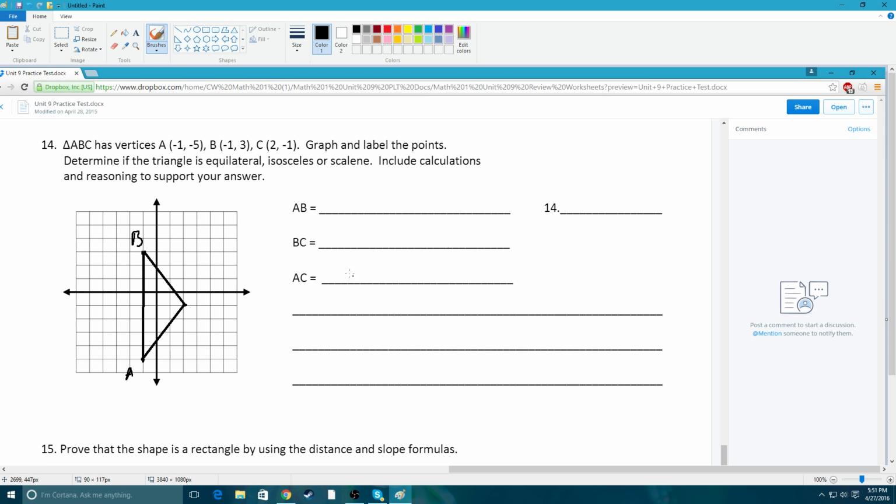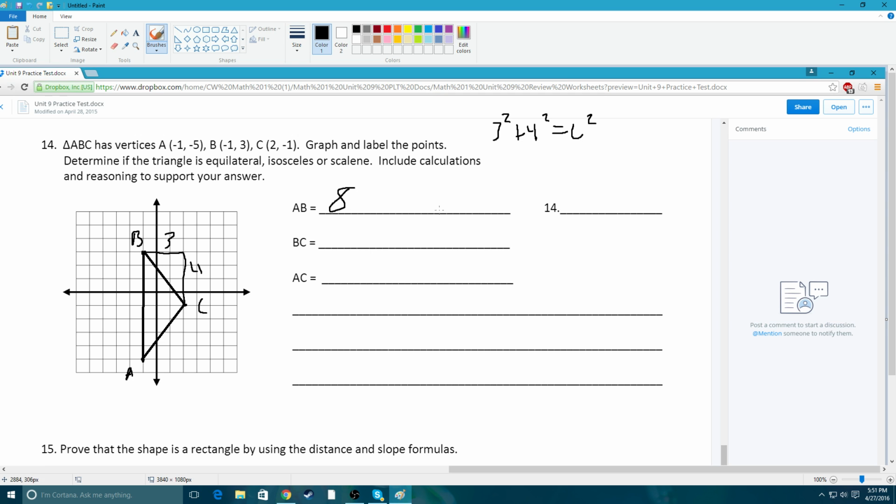So AB is just 1, 2, 3, 4, 5, 6, 7, 8. So AB is just a side length of 8, counting. For B to C, if you did this out, 1, 2, 3, 1, 2, 3, 4. Pythagorean theorem says 3 squared plus 4 squared equals C squared.